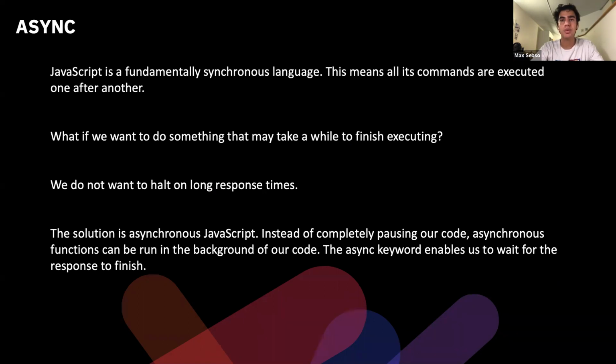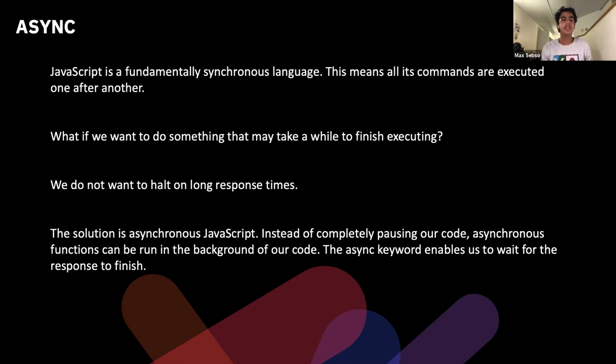But the question then becomes, what if we have a function call that may take a while? Let's say it may take seconds when we only want it to take a nanosecond to execute. We don't want our program to halt waiting for this long response time.